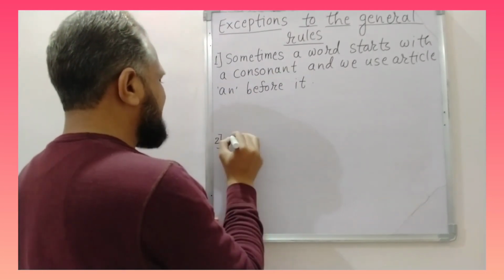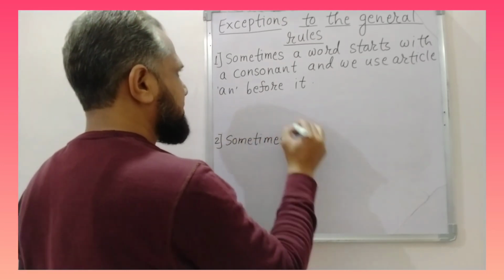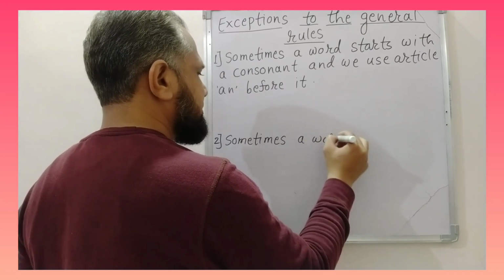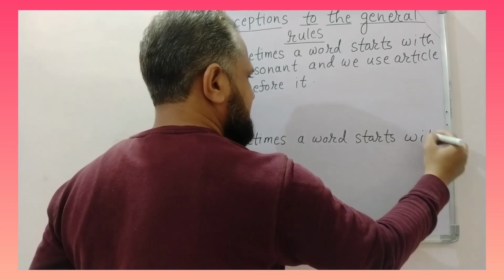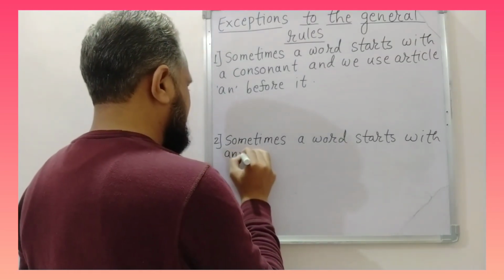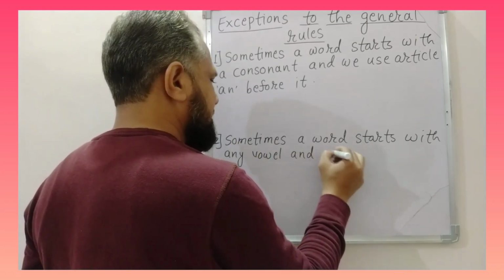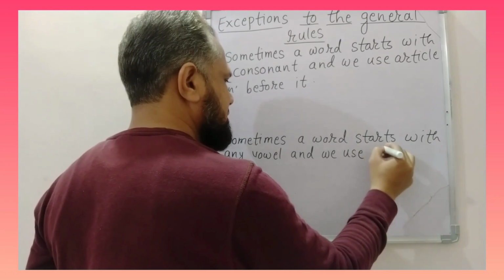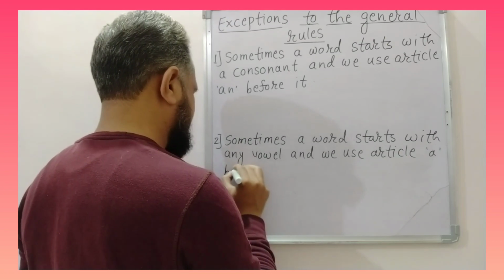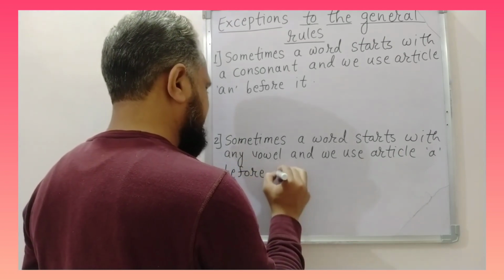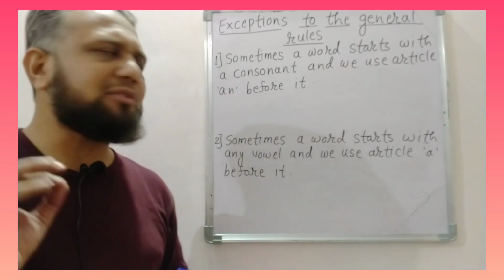And the second exception is that sometimes a word starts with any vowel and we use article a before it. Now look at both the exceptions very carefully.